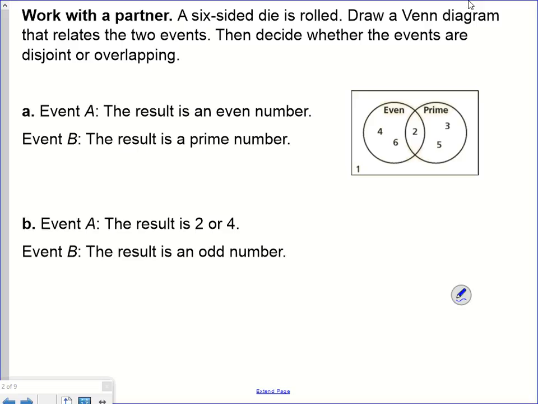Now that you've seen this, are these two events disjoint or are they overlapping? Since one of the outcomes, specifically rolling a 2, satisfies both events, then they are overlapping.